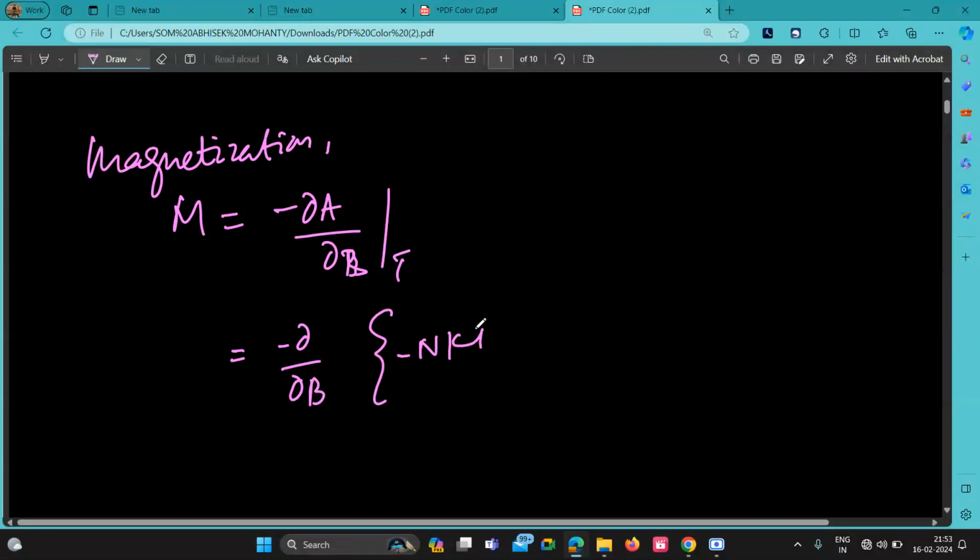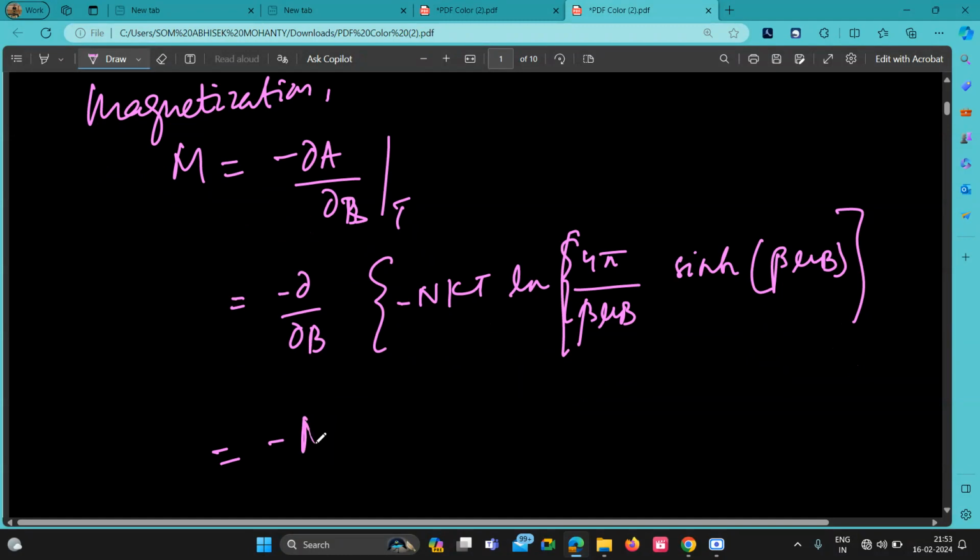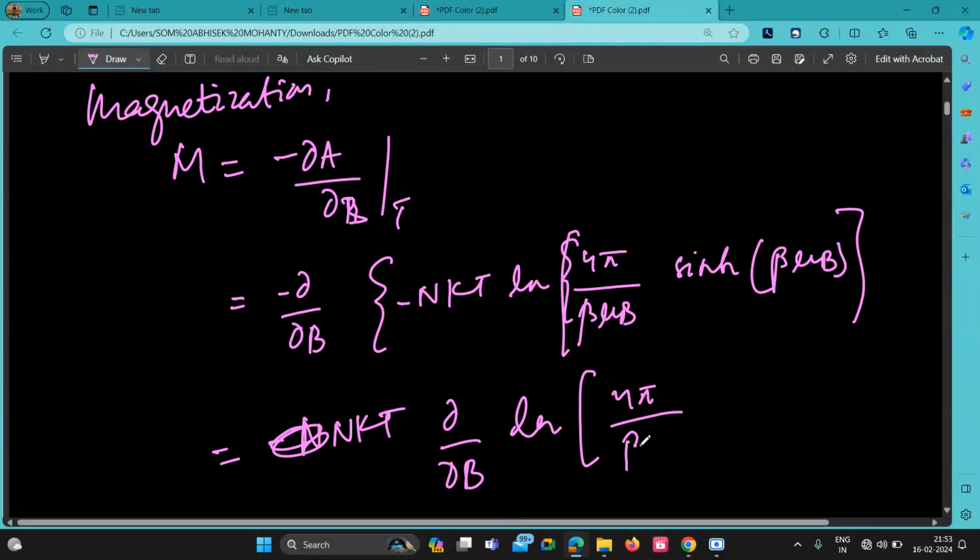Minus NKT ln 4 pi by beta mu B sinh beta mu B. Minus NKT goes out, so NKT del by del B of, don't write it as beta, this is B, 4 pi by beta mu B sinh beta mu B.